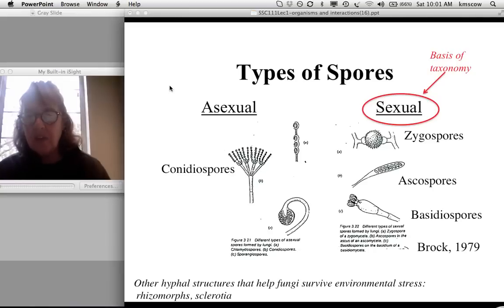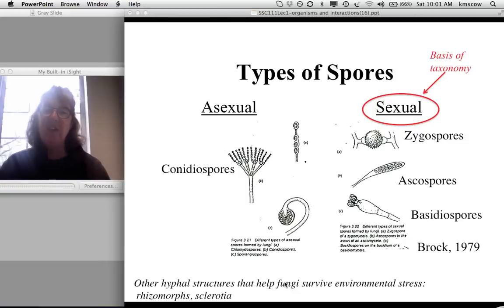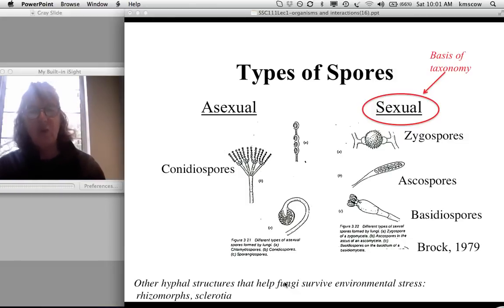I wanted to say one thing is that there are other structures that fungi have to survive stress, and these include particularly sclerotia, but also maybe rhizomorphs, which some fungi have, these other specialized forms of structures to deal with the harsh conditions of soil.